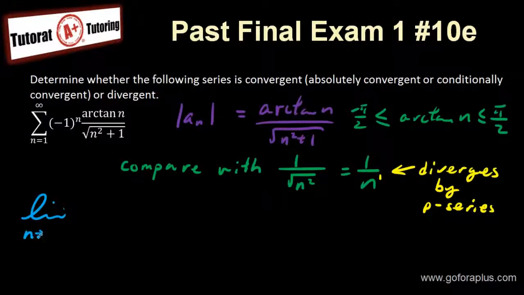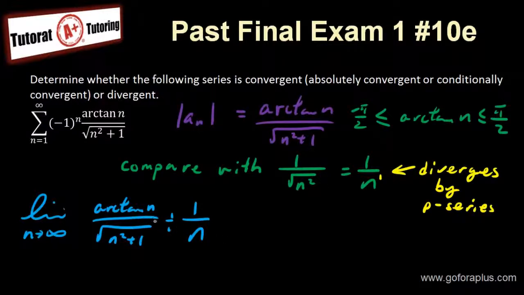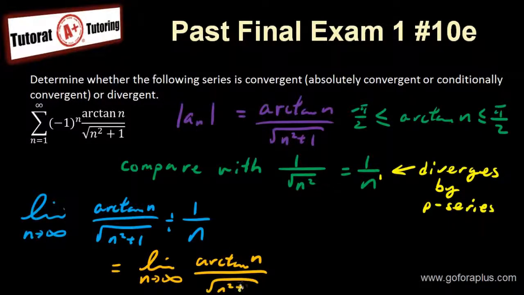Limit as n approaches infinity of arctangent of n over square root of n squared plus 1, divided by 1 over n. So it's like multiplying with n. This equals the limit as n approaches infinity of arctangent of n over square root of n squared plus 1 times n over 1. Using the trick that I've shown you, the degree on top with the n and with square root of n squared plus 1 are the same, and the coefficient of both of them is 1.